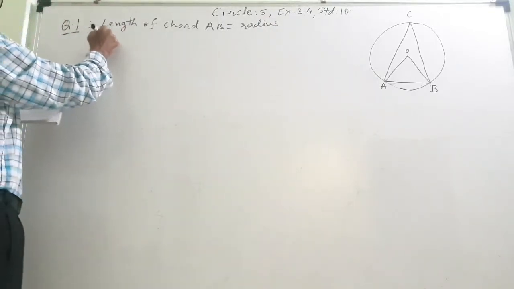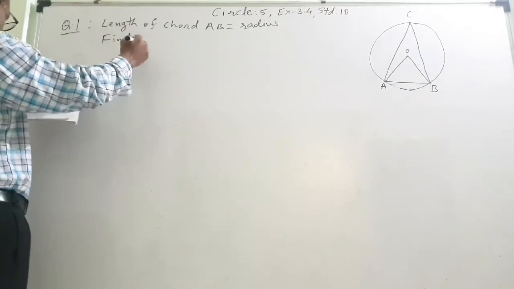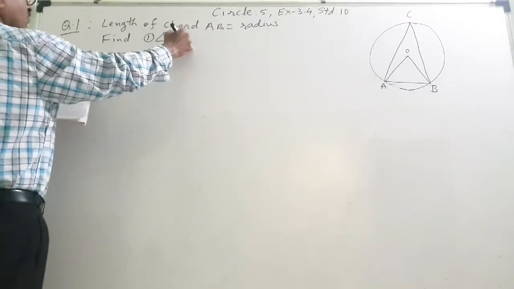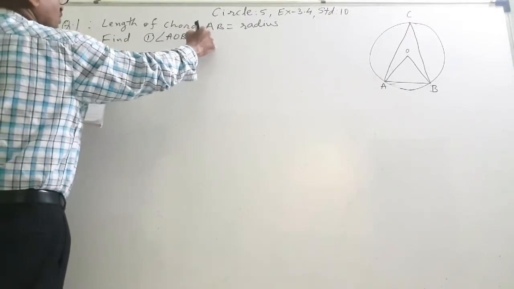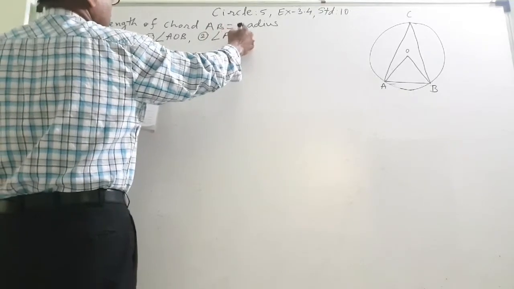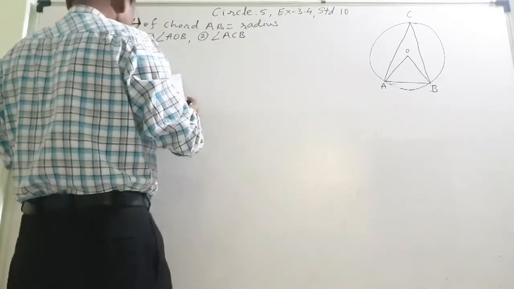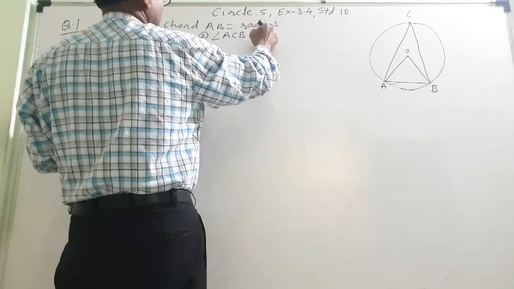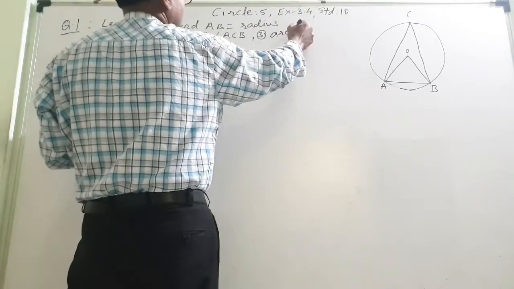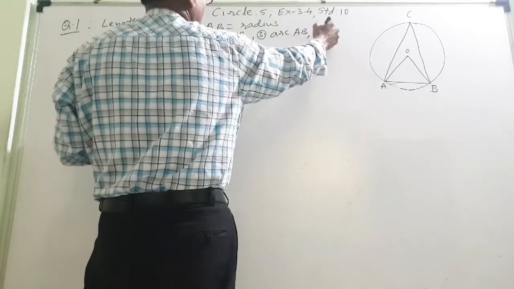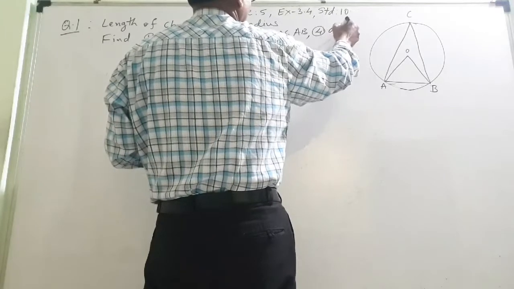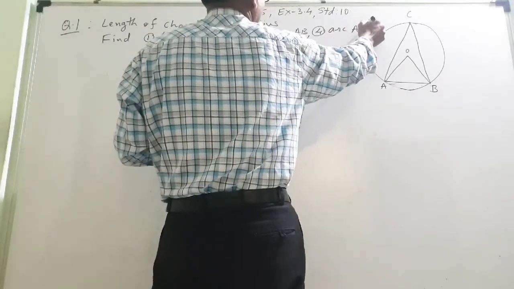Then find: one, angle AOB; two, angle ACB; three, arc AB; and four, arc ACB.